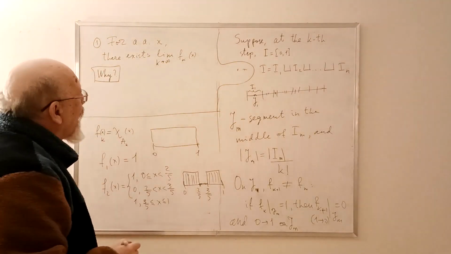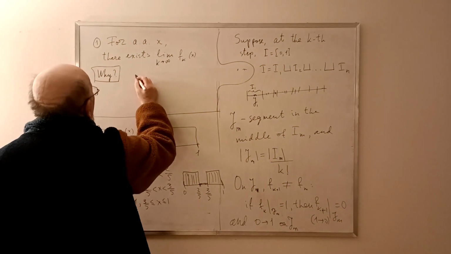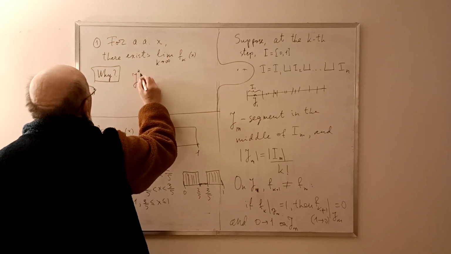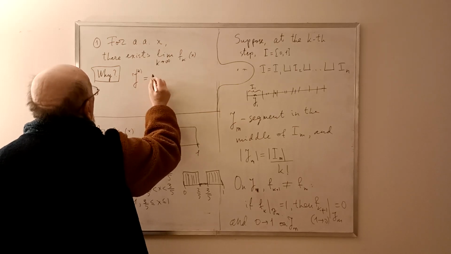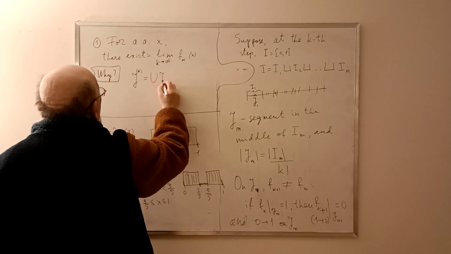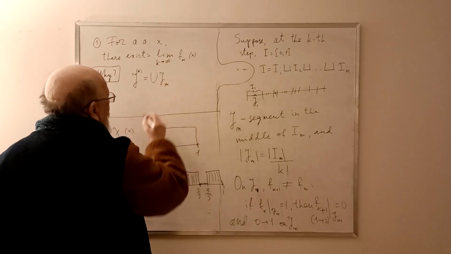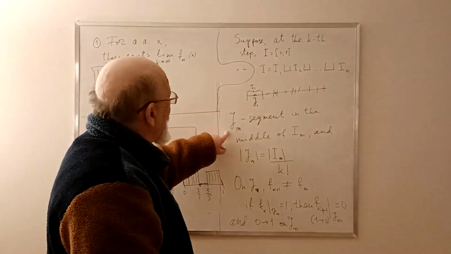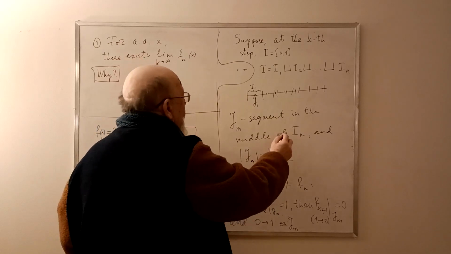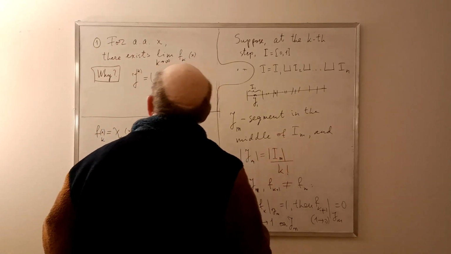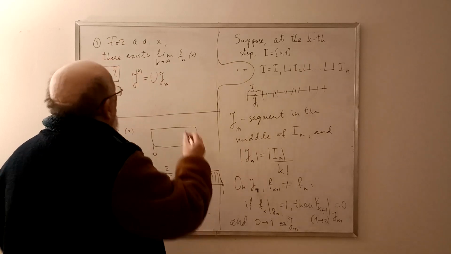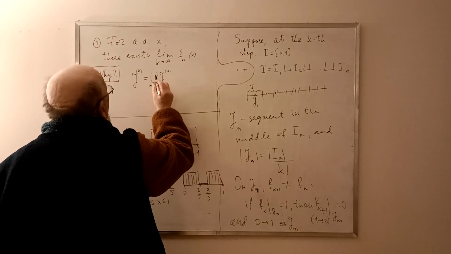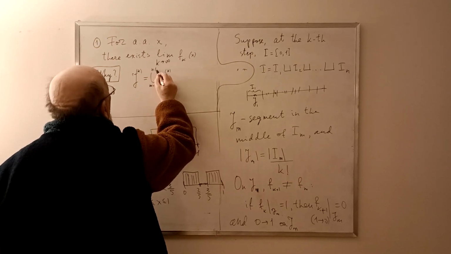Why? Consider the set Jk equals the union of Jm, done at step number k, where we also have to add m from 1 to n of k.